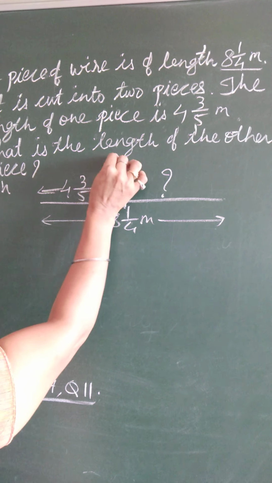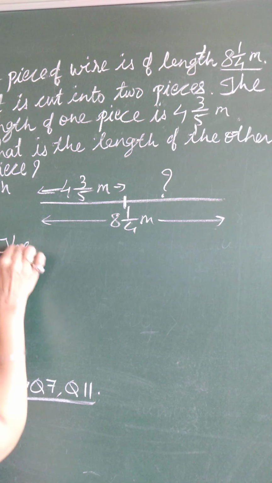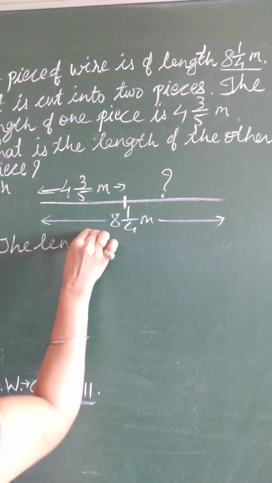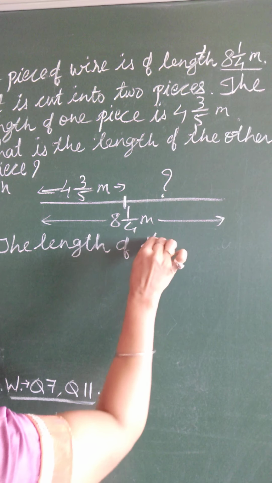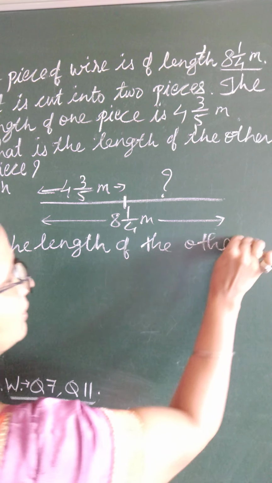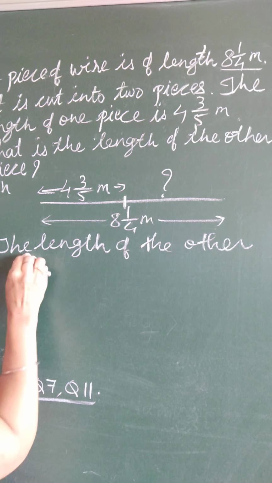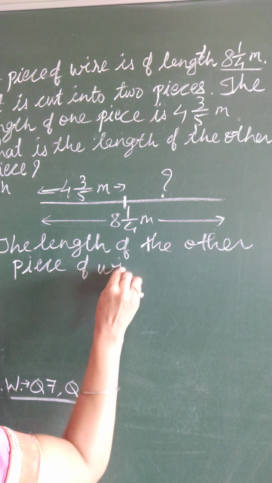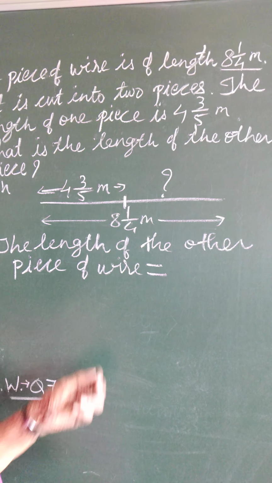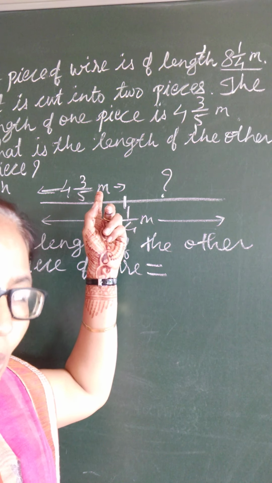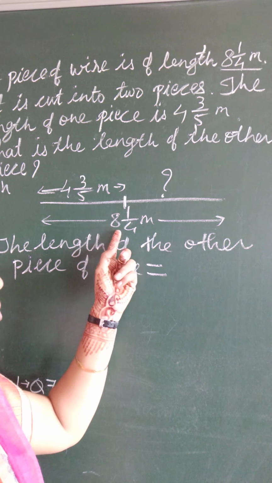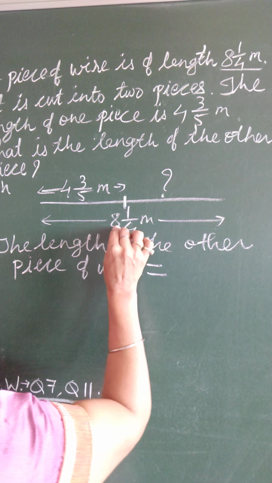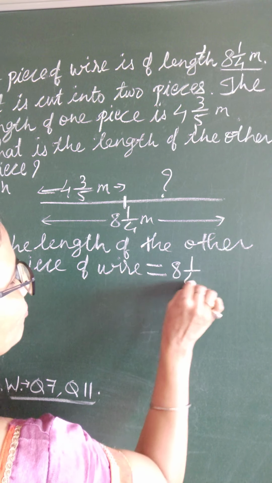So what can we write now? We can write that the length of the other piece of wire is equal to what? You have to subtract the length of one piece of wire from the total length. So what is the total length of the wire? 8 1/4.